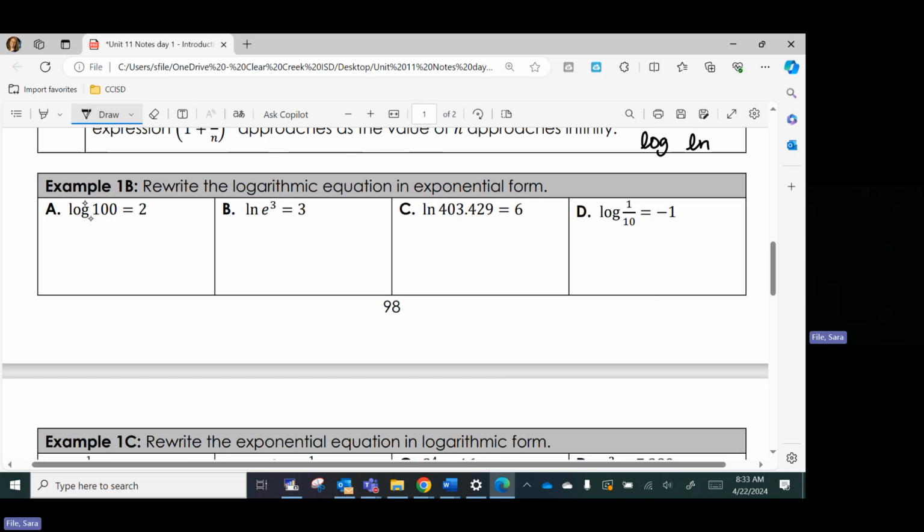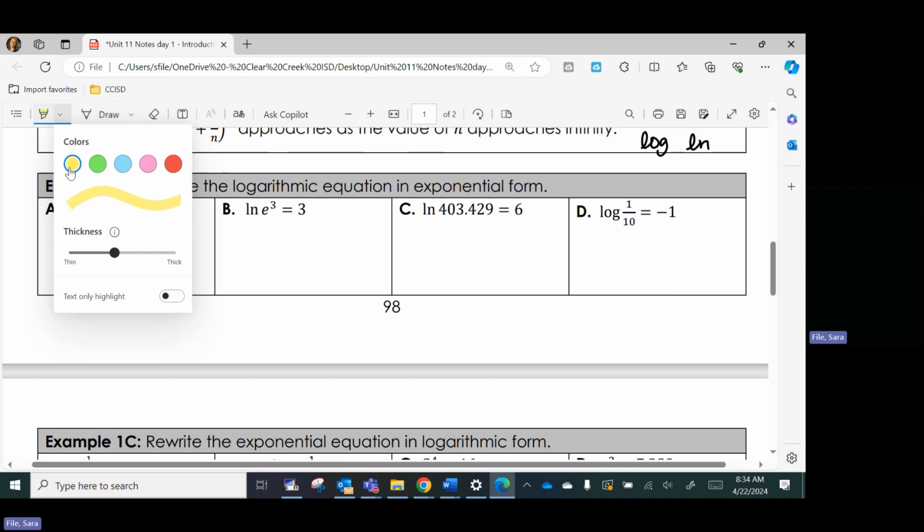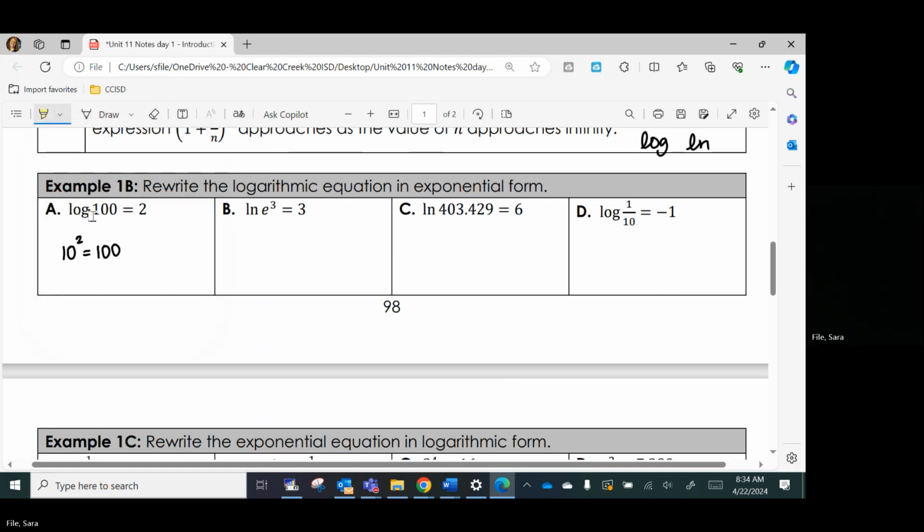It's a base 10. If you see log with no base, that's an understood 10. So 10 is my base, 2 is my exponent, and 100 is my argument. Okay, so let me get our highlighting done again. So the base, there is no base.